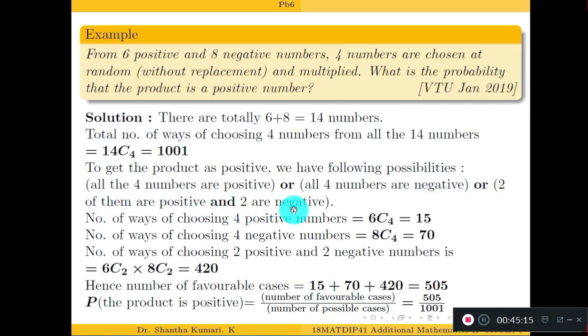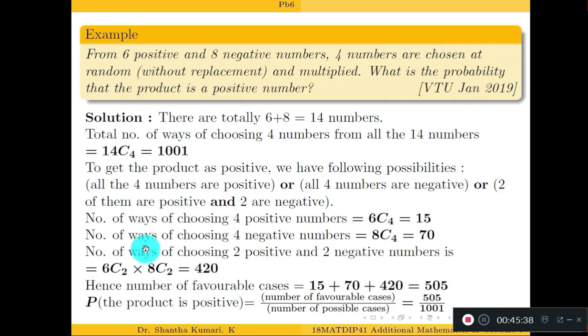In that case also the product is positive. Remember, you cannot select 3 positive and 1 negative here, because in that case the product becomes negative. To get the product as positive, the number of negative terms should be even. So 2 are positive and 2 are negative.